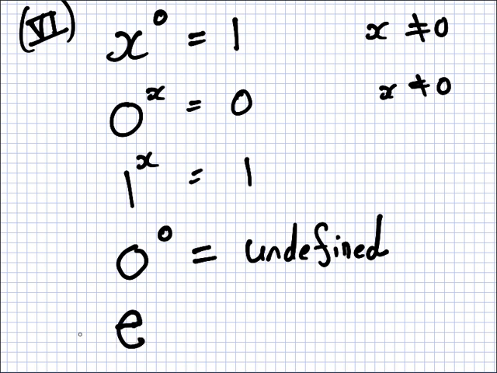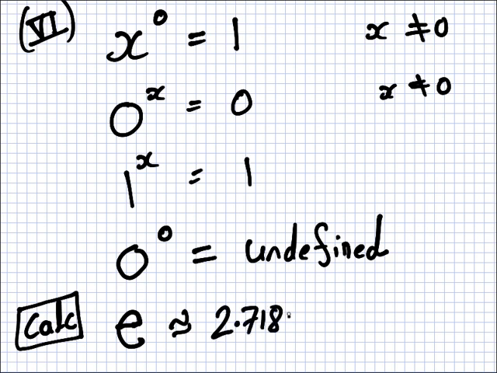And this constant is on the calculator. So you don't have to worry about knowing its value. It's irrational. It's like pi. It just keeps going.